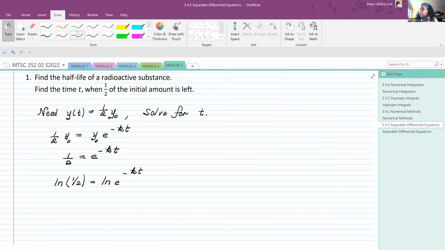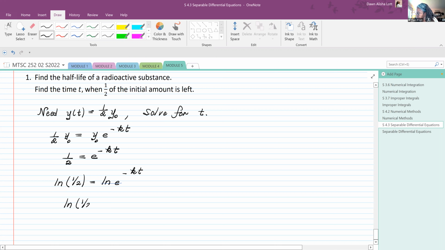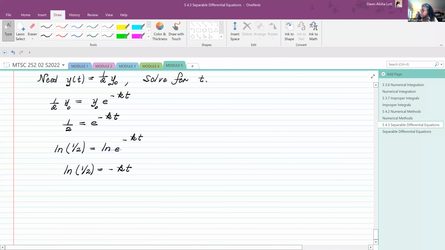All right, the log and e again are inverse functions. So I get the log of 1/2 is equal to negative kt. So therefore t is the natural log of 1/2, and it's negative over k.